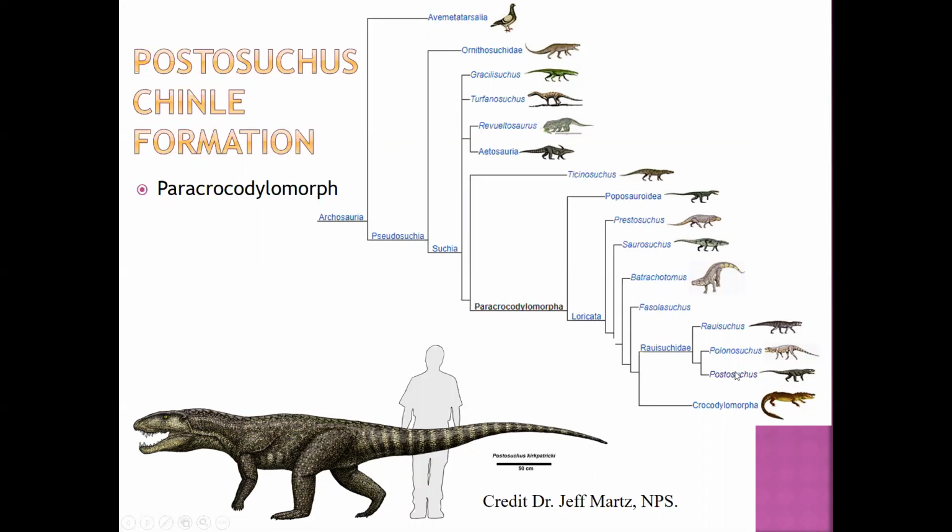And then you can see here that Postosuchus is close to the Crocodylomorpha, but it's still outside of that group. So what scientists do is they look at the bone structures, and they can see, for example, that the phytosaurs were not related to crocodiles, but the Postosuchus is.